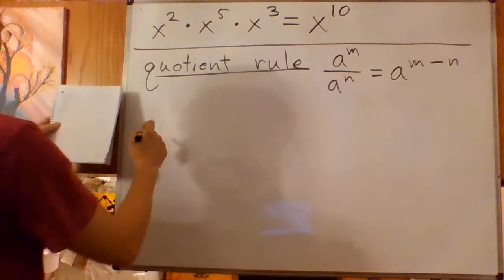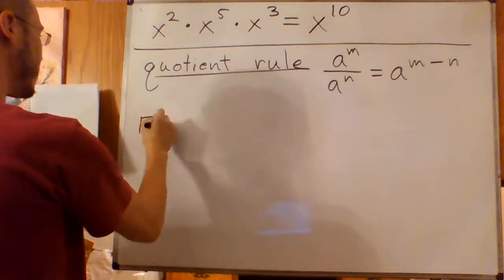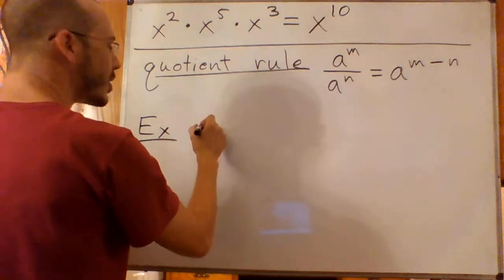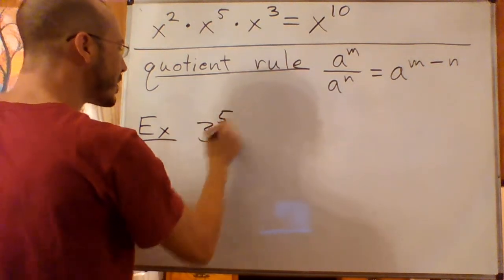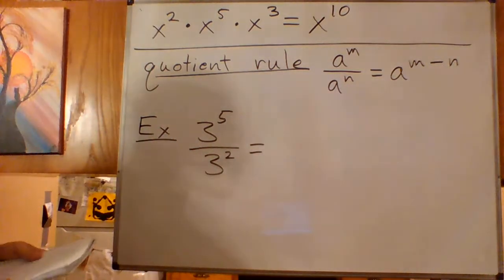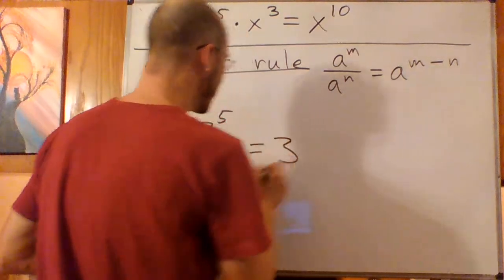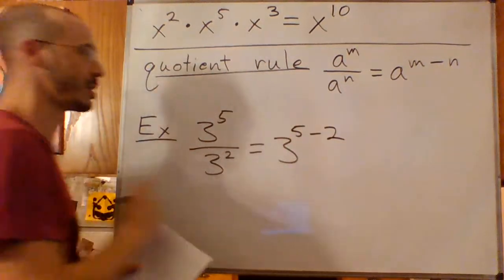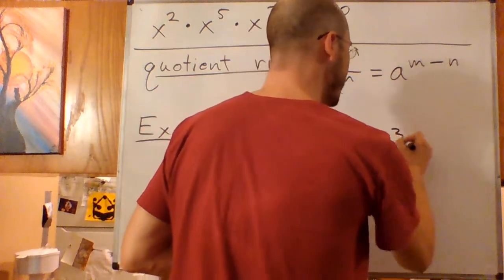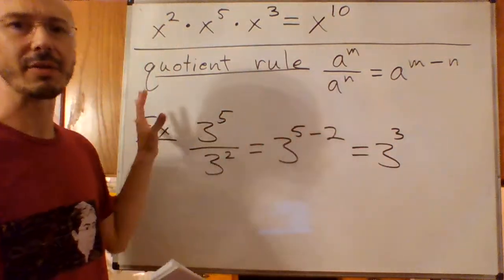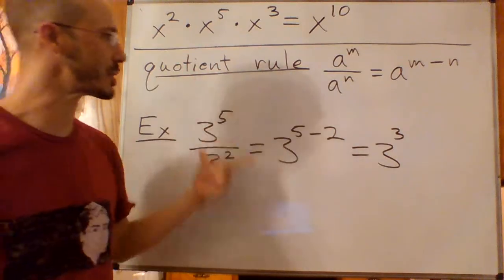What that looks like in an example is, let's look at 3 to the fifth over 3 squared. Applying this rule, it's 3 to the 5 minus 2, and that's 3 to the third. And that's 27, but the only thing that I wanted to do here was demonstrate the quotient rule.